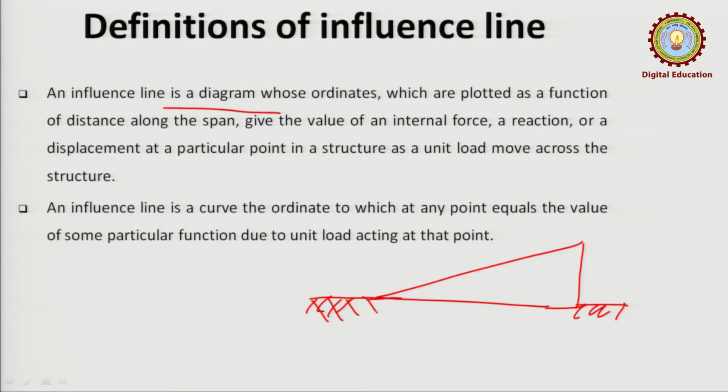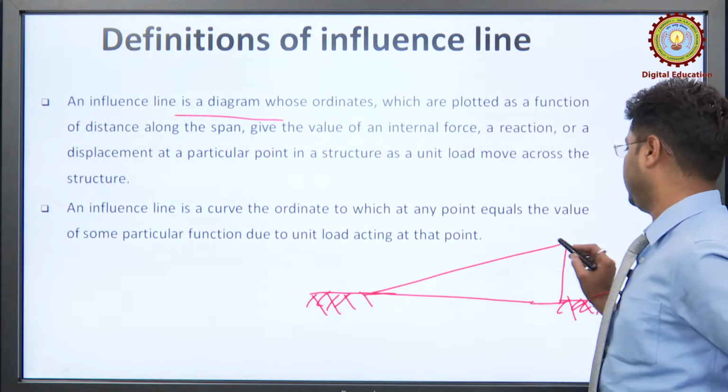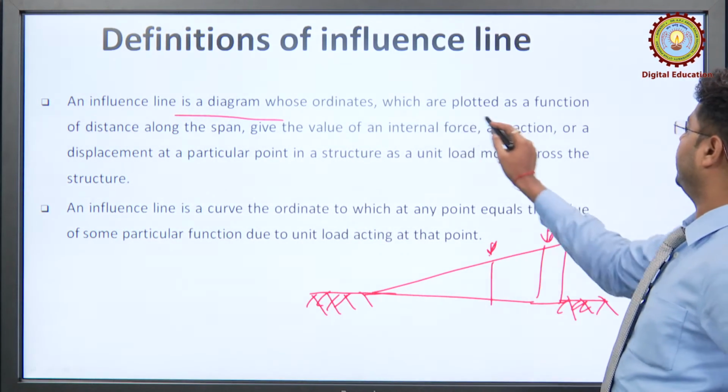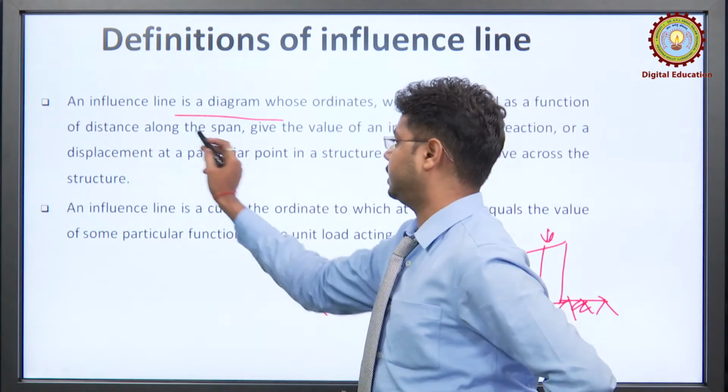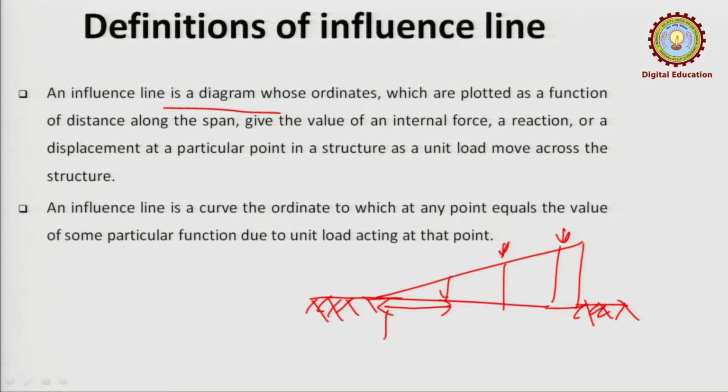An influence line is a diagram whose ordinates are plotted as a function of distance.